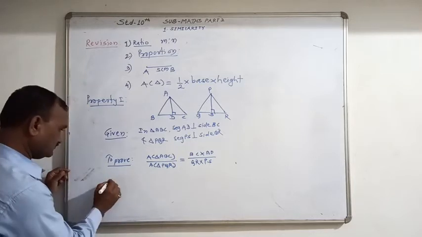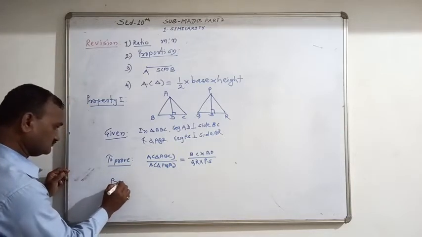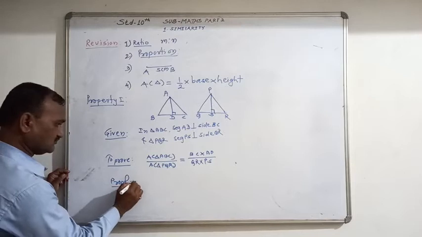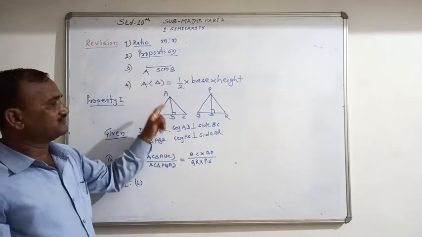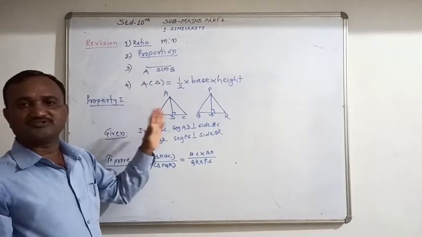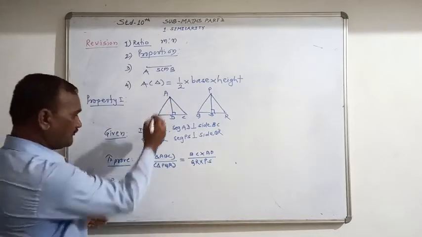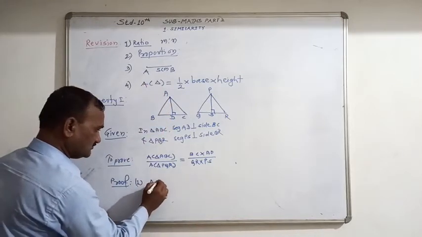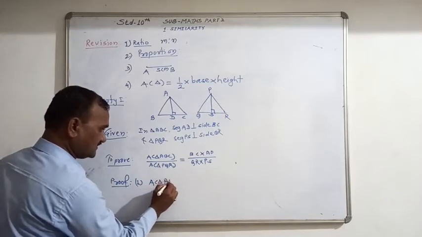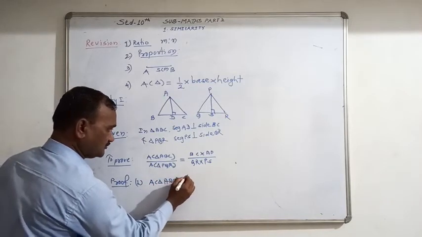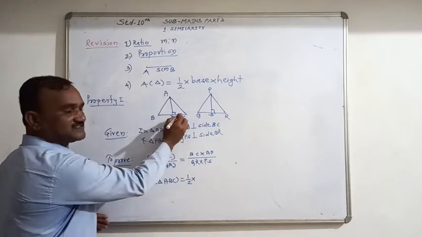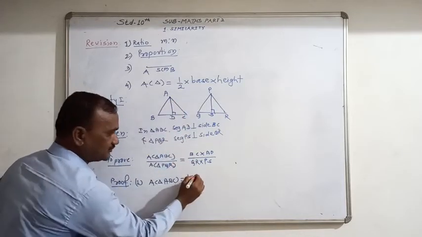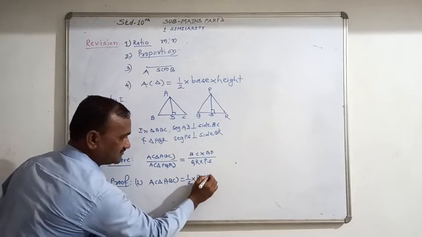So proof. Find the area of a triangle by using the formula 1 upon 2 into base into height. So area of triangle ABC is equal to 1 upon 2, base is BC and height is AD, so 1 upon 2 into BC into AD.